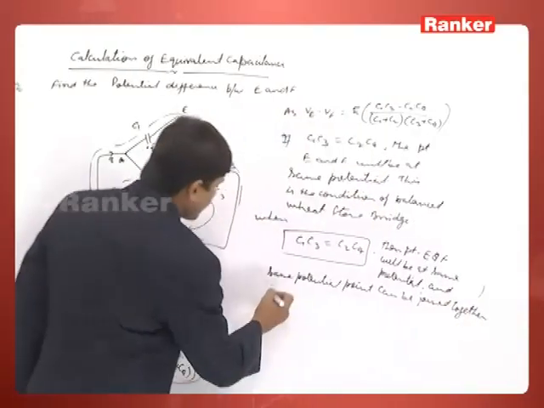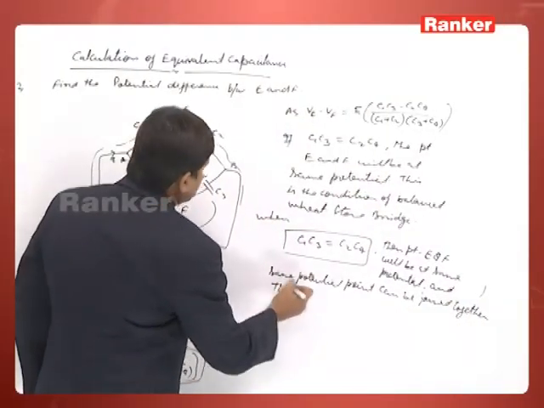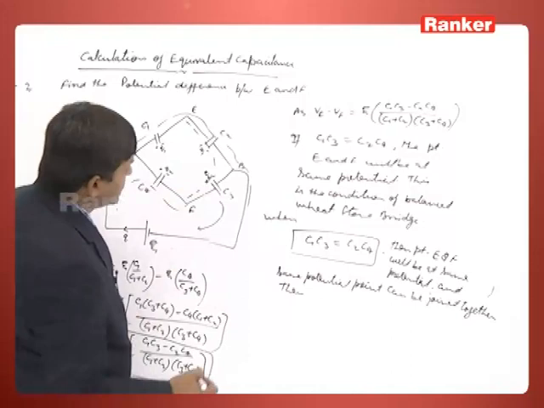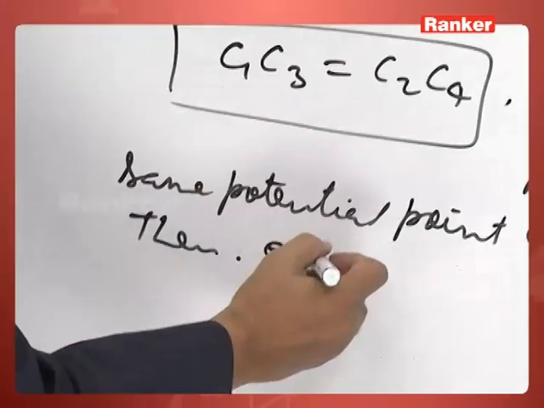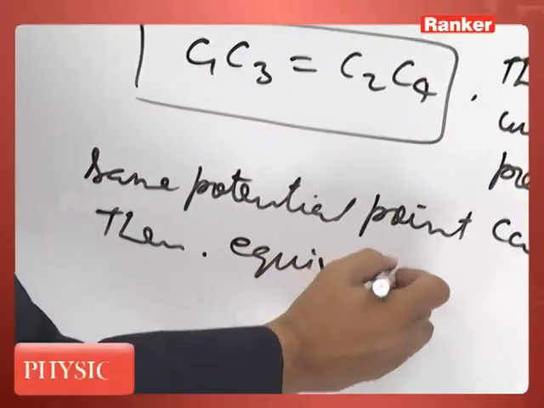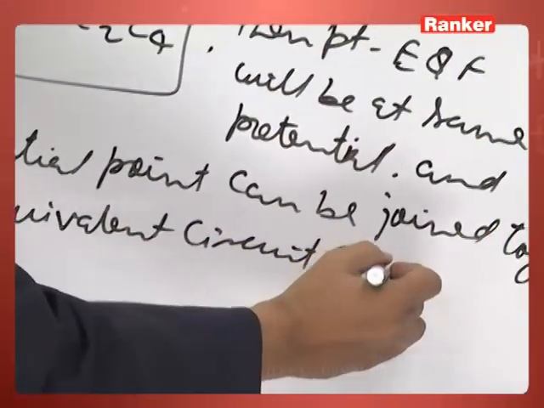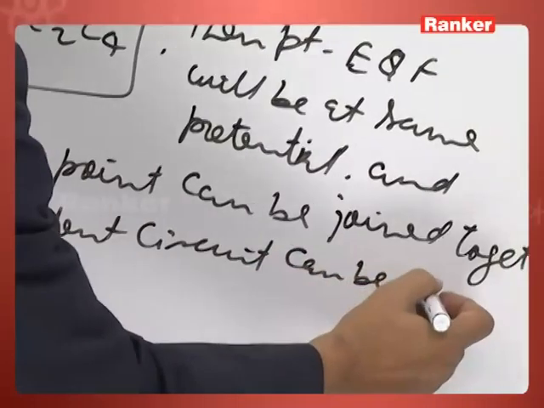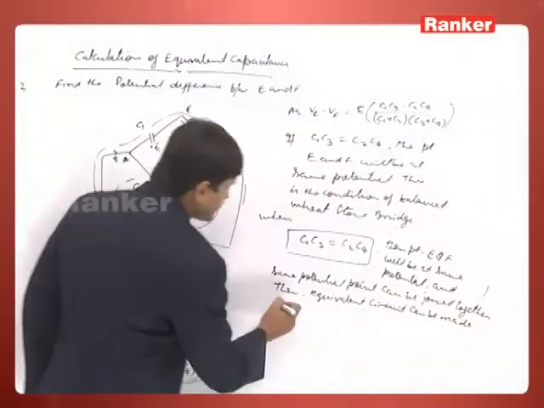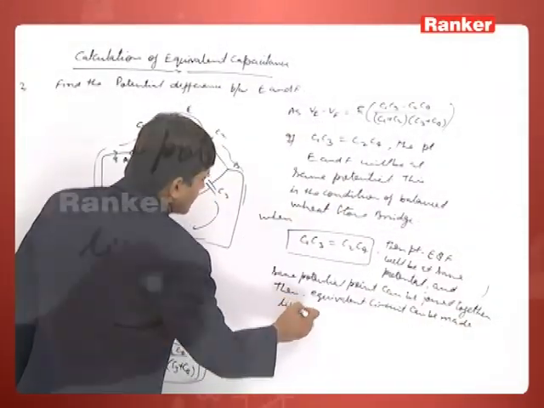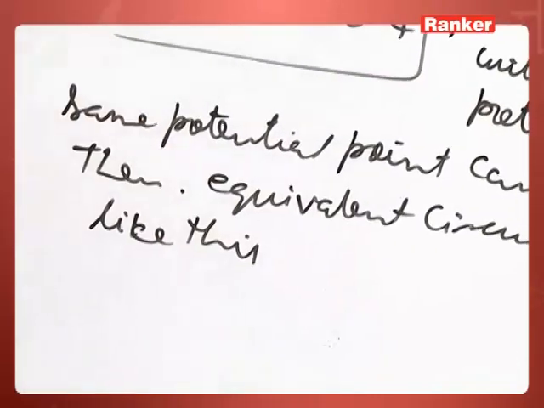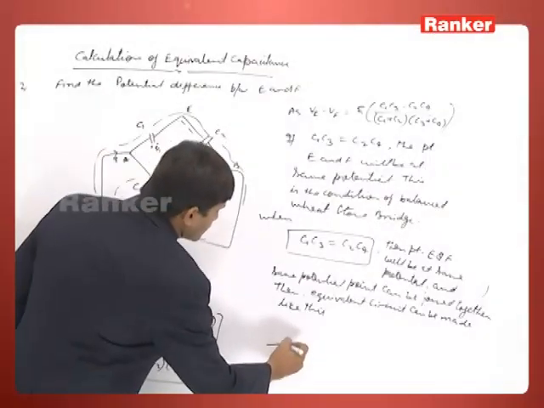So then the equivalent circuit becomes, then the equivalent circuit can be made like this also. See, this circuit can be made like this also.